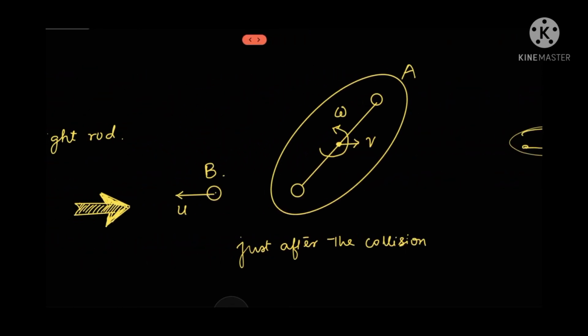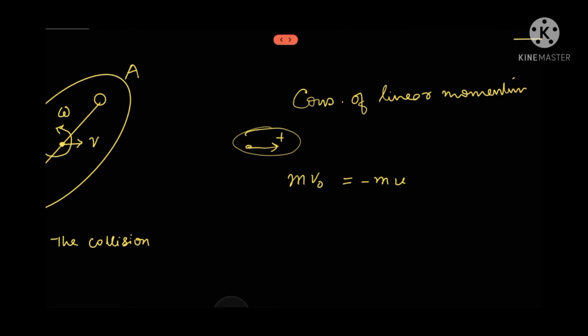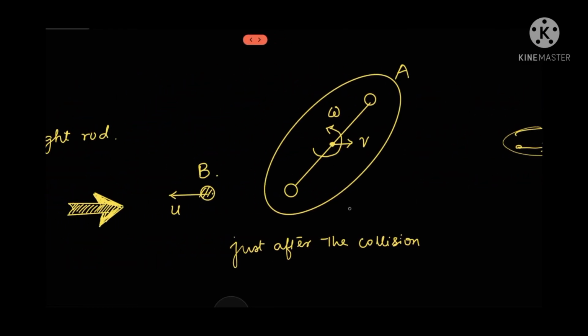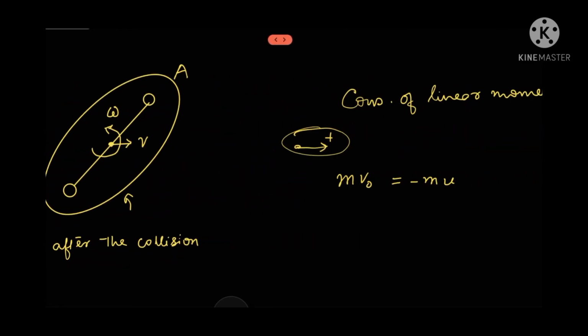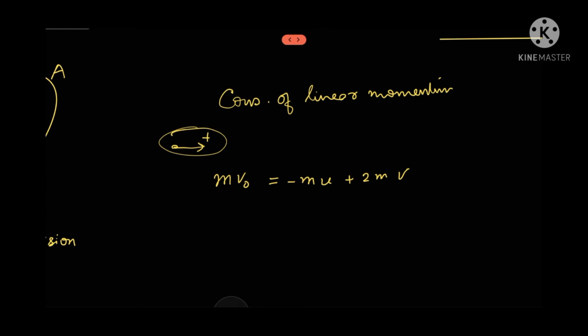After collision, it is m u in negative direction, so it is minus m u, and there is momentum in this system, and since the system is a combination of many bodies, we can write momentum of our system as the mass of center of mass into velocity of center of mass, that is 2m into the velocity of its center of mass that we have assumed as v. So this is conservation of linear momentum.